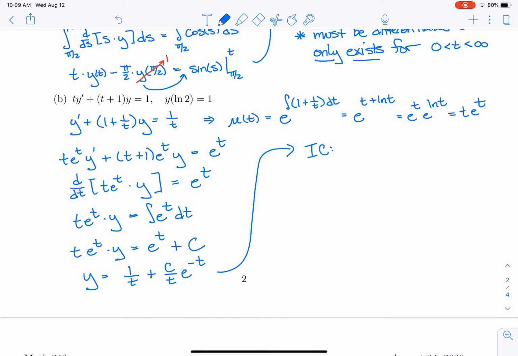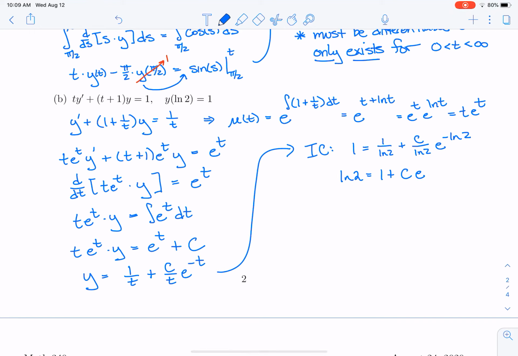So then 1 is supposed to equal 1 over natural log of 2 plus c over natural log of 2 e to the minus natural log of 2. Okay, so I'm going to multiply everything by natural log of 2 here. So natural log of 2 is going to equal 1 plus c e to the minus natural log 2.